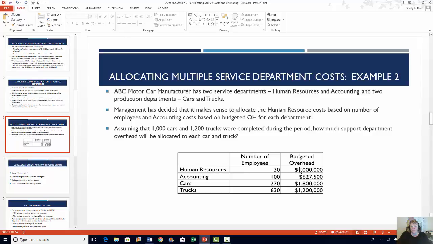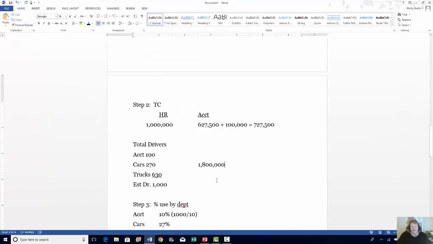So the human resources 1 million has been allocated to all the departments, and now the accounting hours are going to be allocated to these other departments. So it's 1.8 million for cars. Whoops. No line yet.